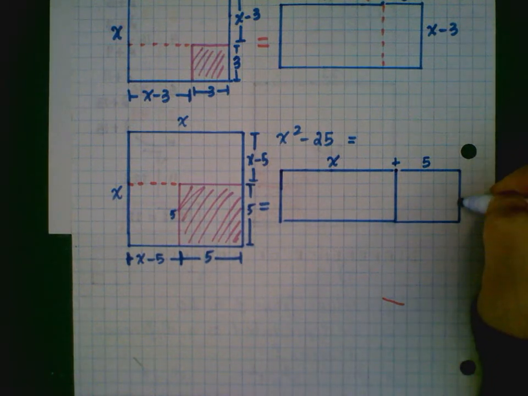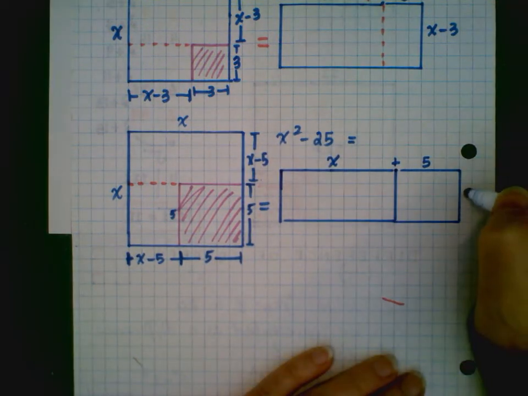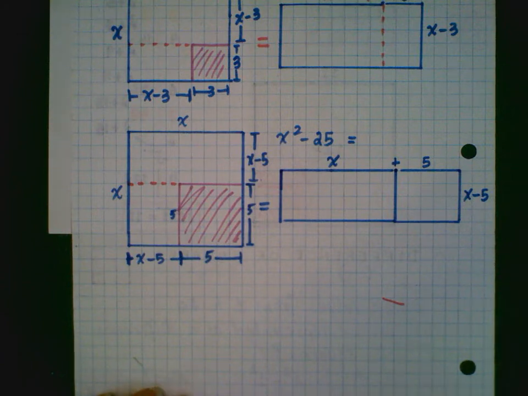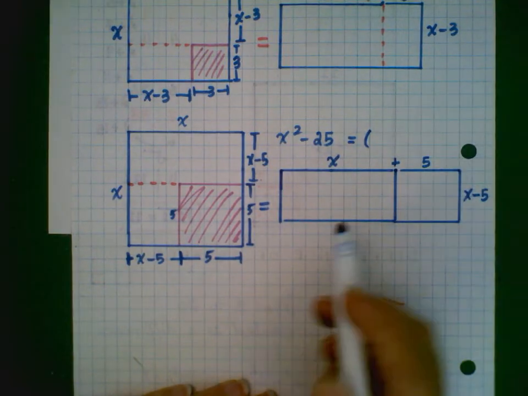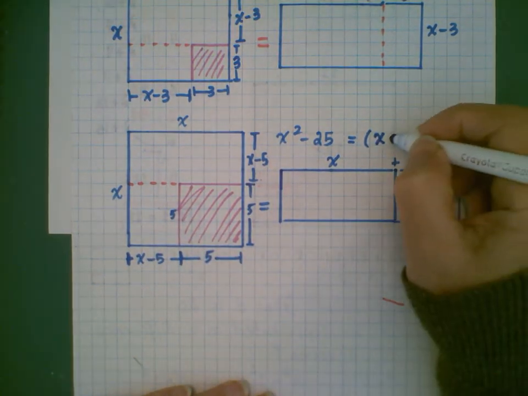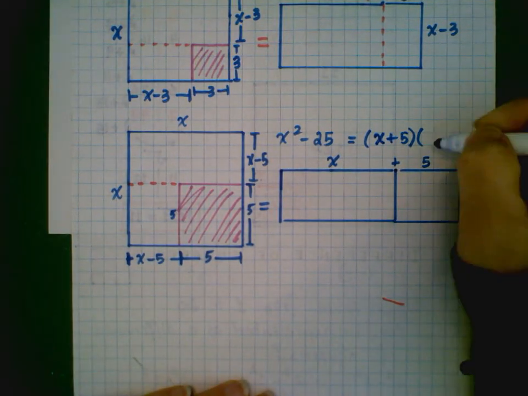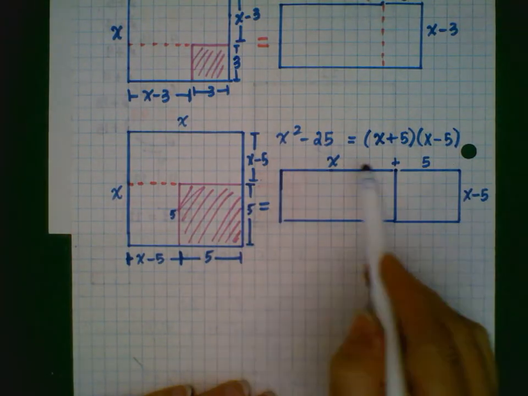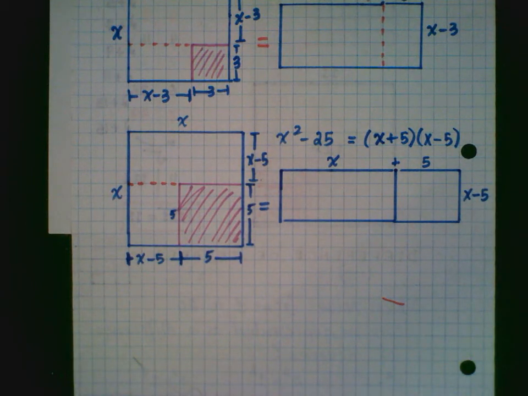And the dimension of this height of the rectangle that I've got shown here is my x minus 5. So I've just shown with the visual proof that x squared minus 25 is the same as x plus 5 times x minus 5. X plus 5 being the length of the rectangle, and x minus 5 being the width of that rectangle.